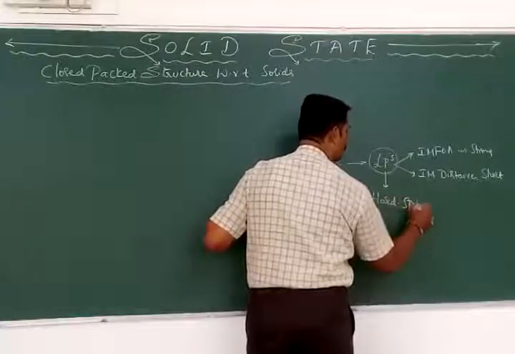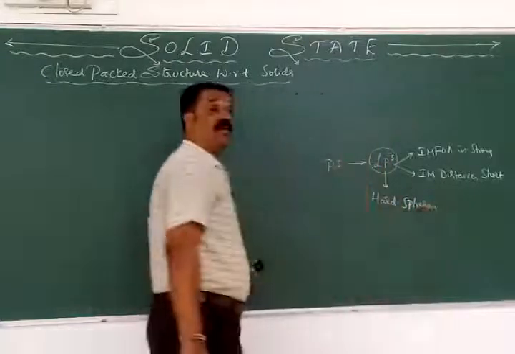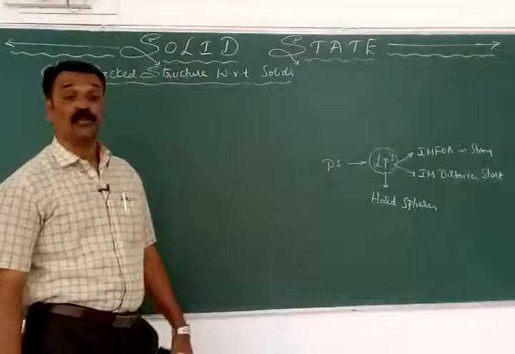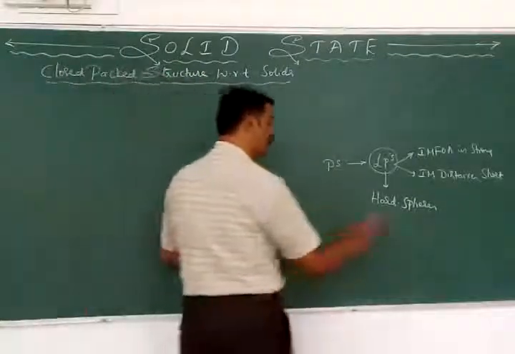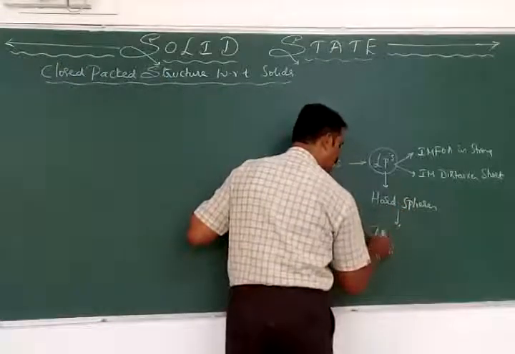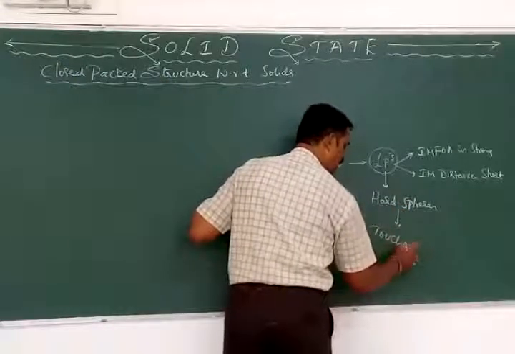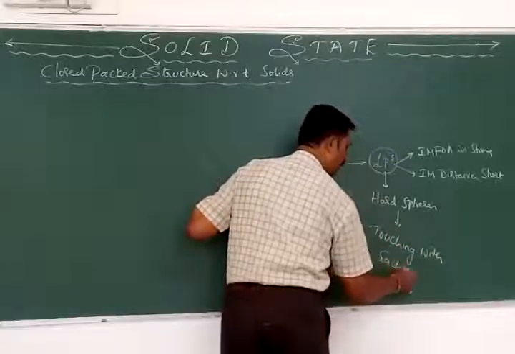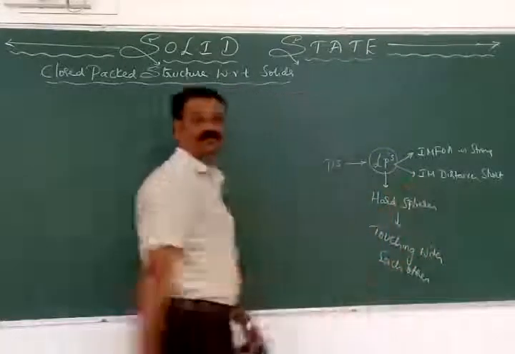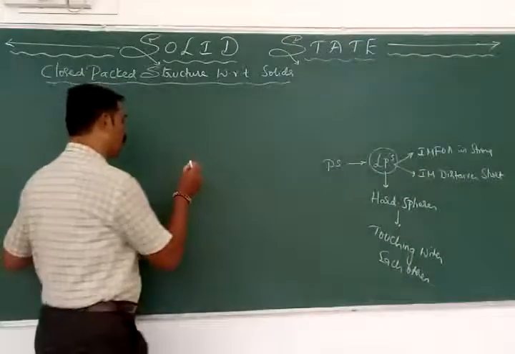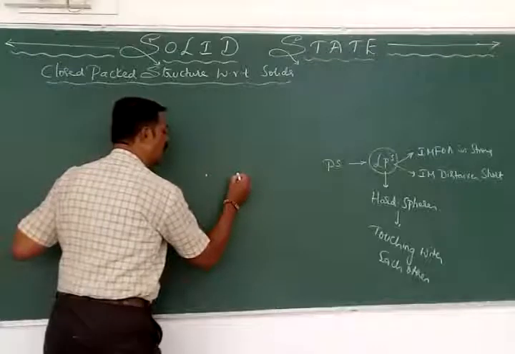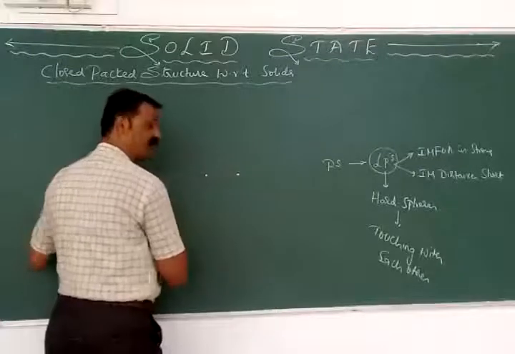So these lattice points are considered to be hard spheres. The particles, in the form of lattice points, are considered to be hard spheres, such that they are touching each other. Touching with what? Each other. So let us have this one particle, this one solid particle.